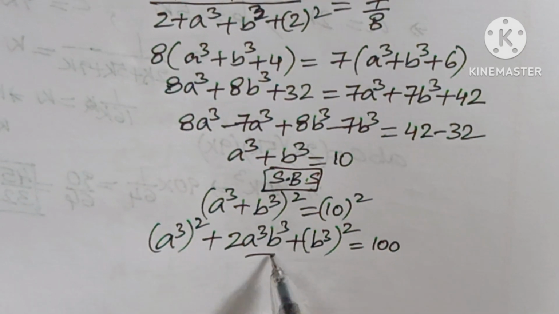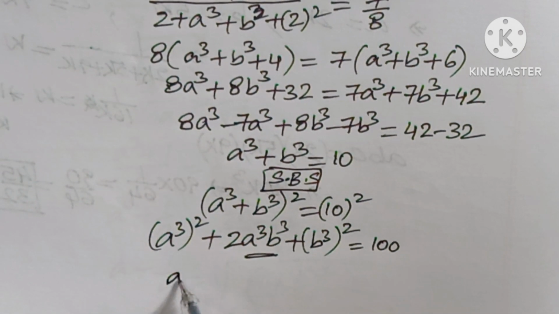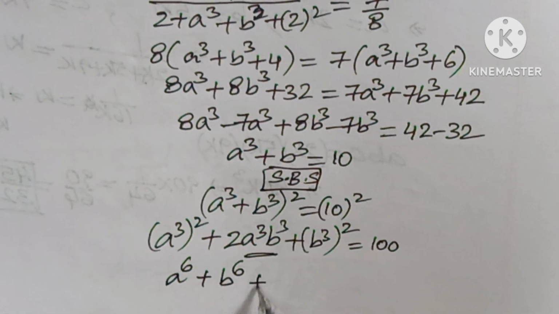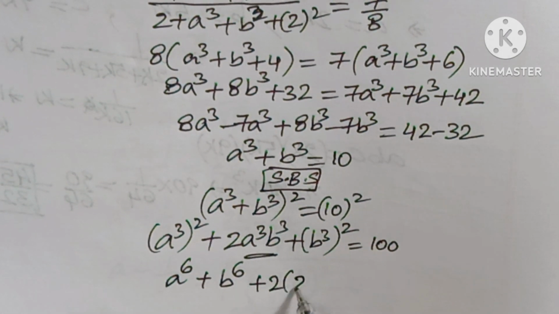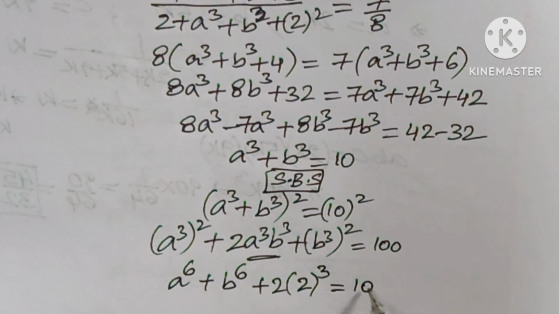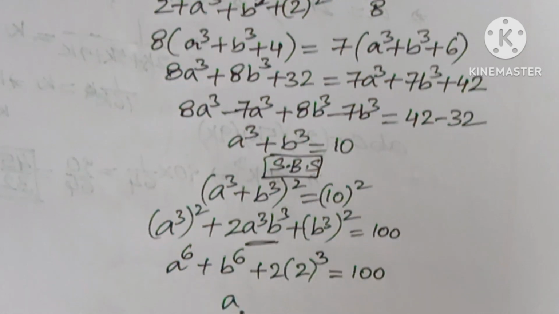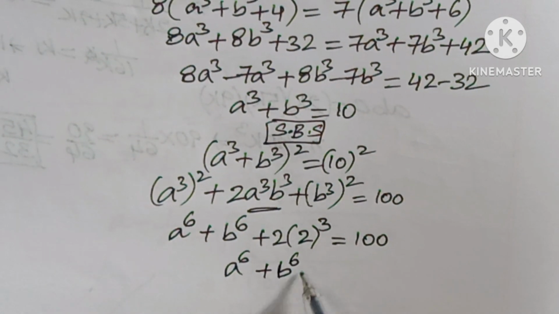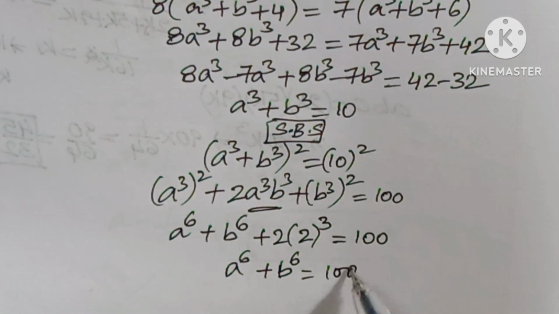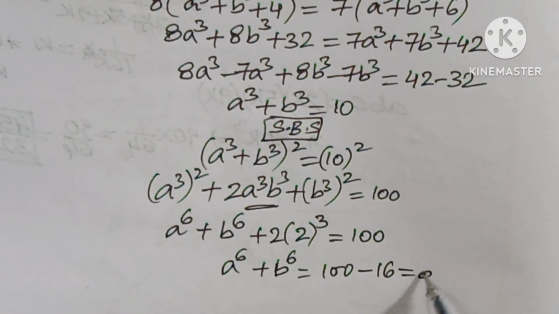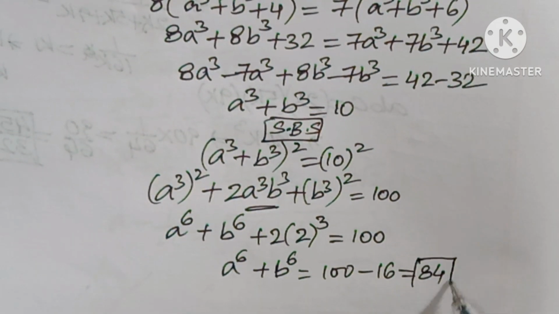So you know that the ab value is 2. a⁶ plus b⁶ plus 2 into 2³ is equal to 100. a⁶ plus b⁶ is equal to 100 minus 16, that is equal to 84.